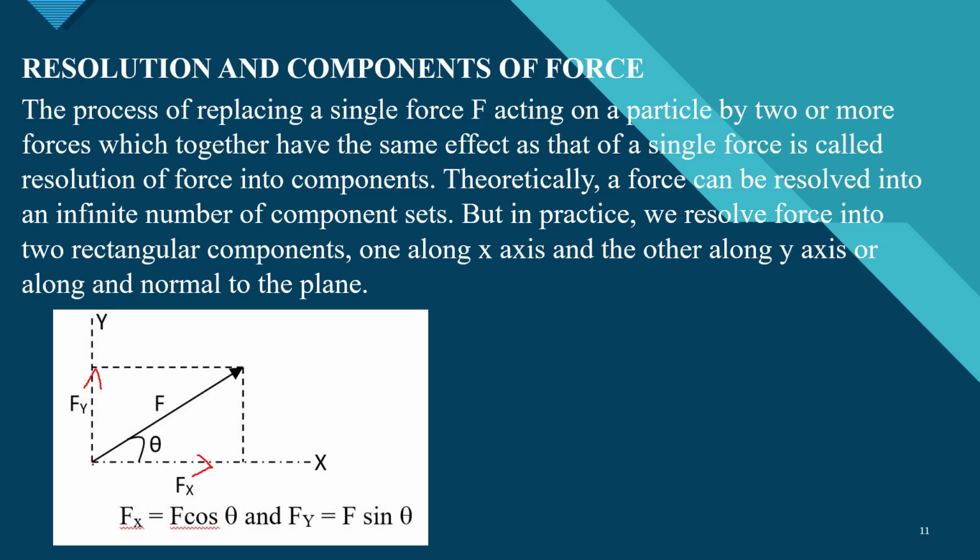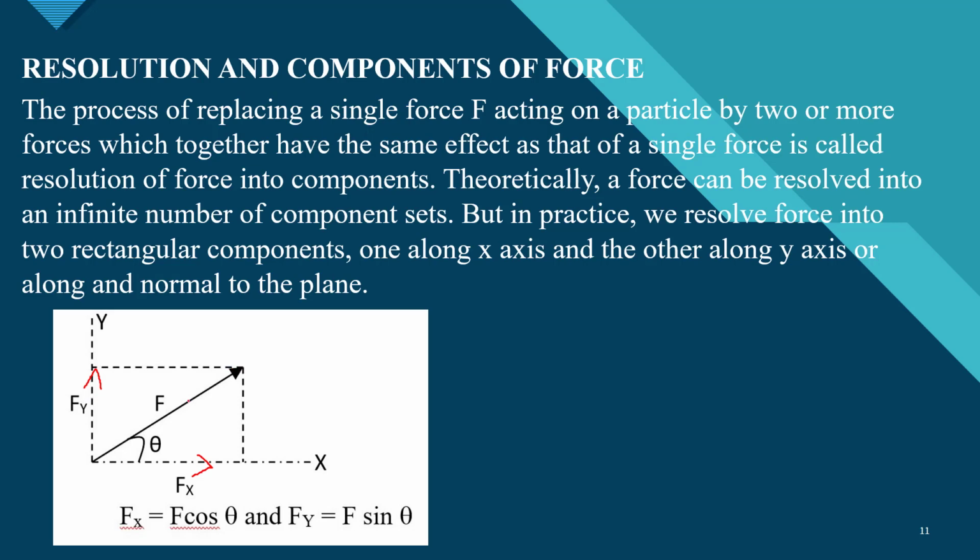So Fy will be acting in the upward direction. So here we have resolved a single force, an inclined force, into two components. One along the x-axis, that is Fx, and the other one along the y-axis, that is Fy.